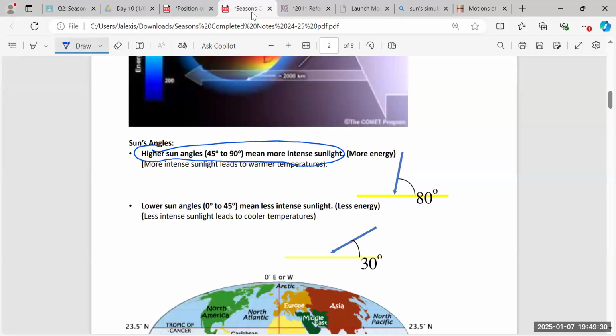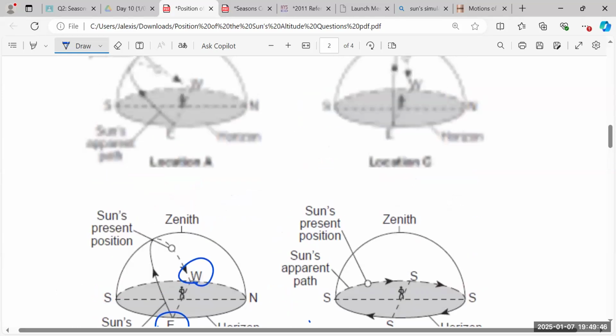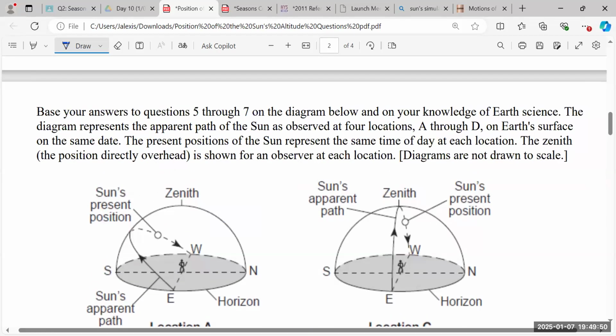So keep in mind, because the sun is rising directly east and setting directly west, we know this is an equinox date. And the background information tells us that the present position of the suns represent the same time of day at each location, and it represents the same date.